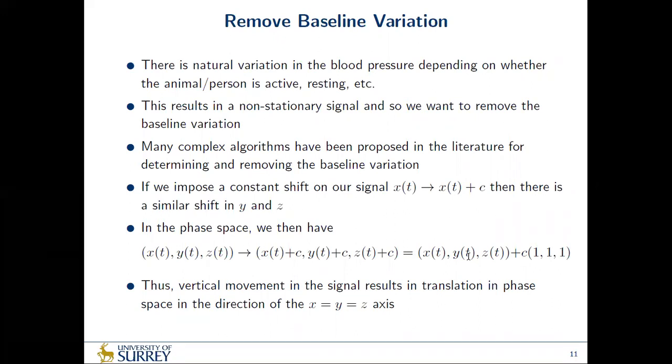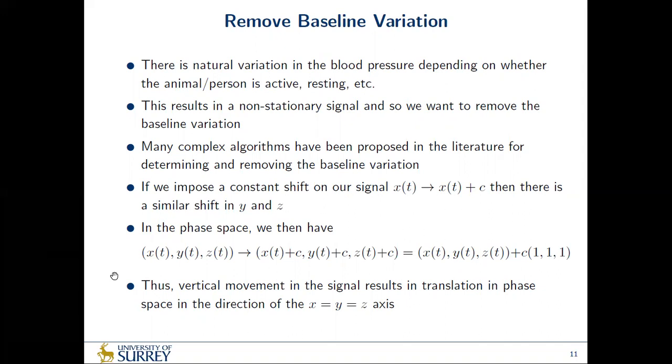Now, the literature is full of complex algorithms for determining and removing this baseline variation, but we try to take a fairly simple approach. Suppose we just take our signal and we shift it vertically by a constant amount. x goes to x plus c. Then, of course, there's a similar shift in y and z.